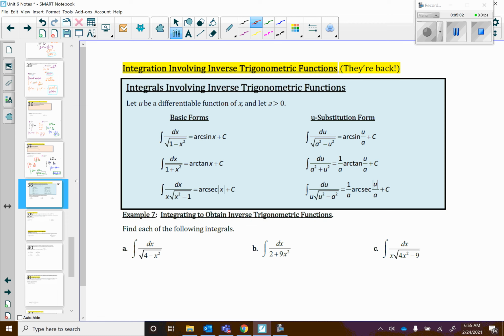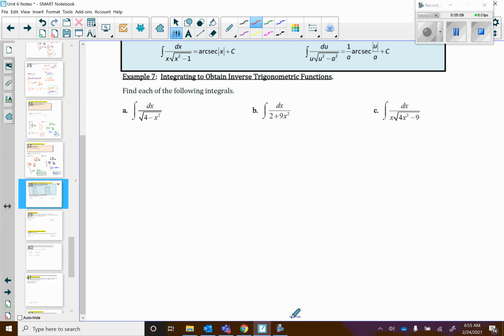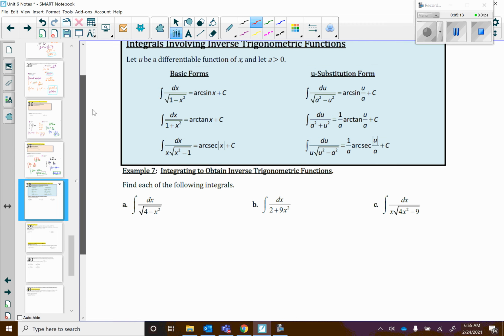I want to go through an example with you. Specifically, we'll do at least 2 of these, starting with the first one. If we notice here, we've got the basic forms of these integrals: the derivative of inverse sine is 1 over the square root of 1 minus x squared, which means the antiderivative of 1 over the square root of 1 minus x squared is inverse sine.